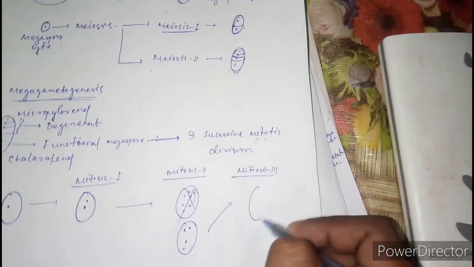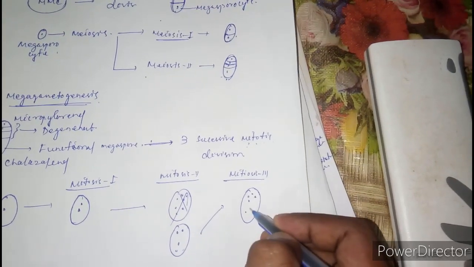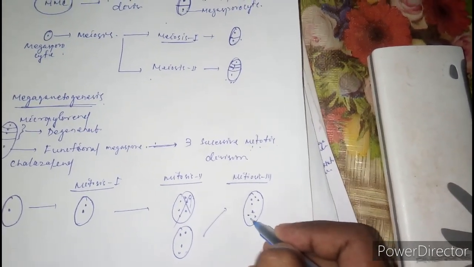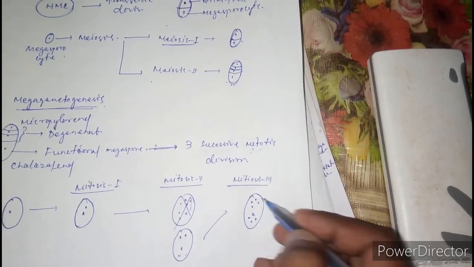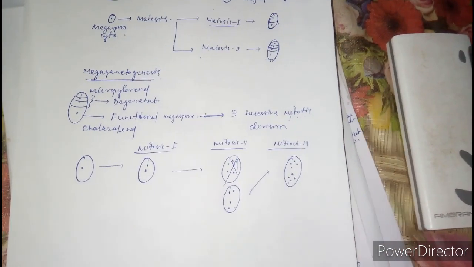In mitosis 3, such a structure will be there. After mitosis 3, an 8 nucleus structure will be there.